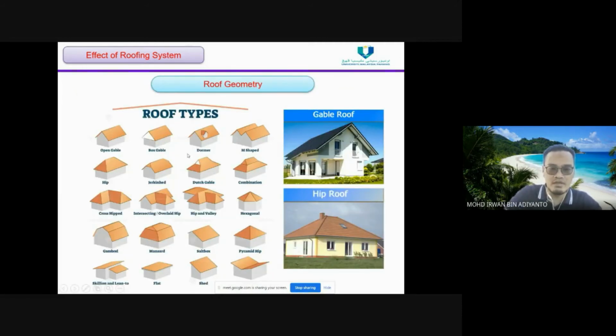First one is the roof geometry. We have a lot of roof types such as the open gable, box gable, dormer, Dutch gable, mansard, sailbox, hip, gambrel, and so on. But for this level, I will only touch on two types, which are the gable roof and the hip roof, here and also this one.